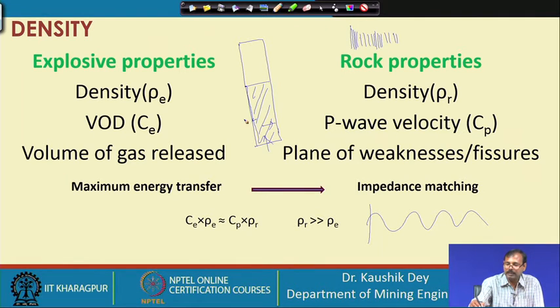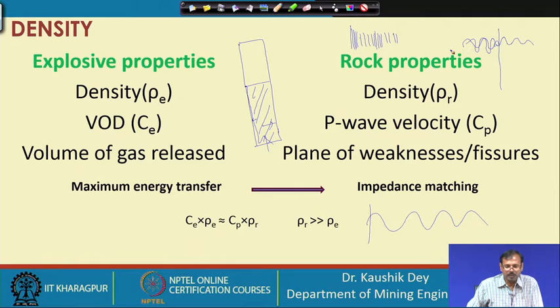That means, at any interface if some wave is coming, some portion of the wave will be refracted and some will be reflected back. So, the wave propagation follows Snell's rule of wave propagation, and similarly here, of the wave generated from the explosive, some portion will be transferred to the rock and some portion will be reflected back.